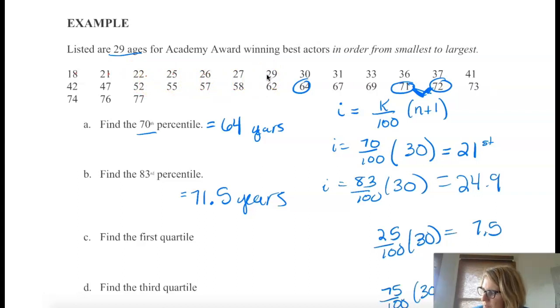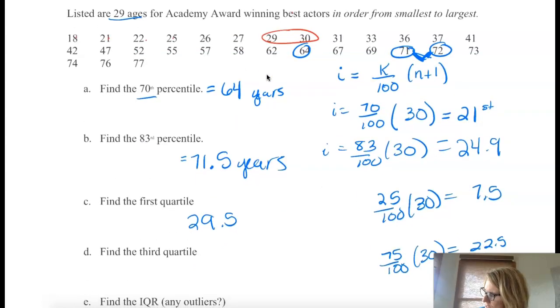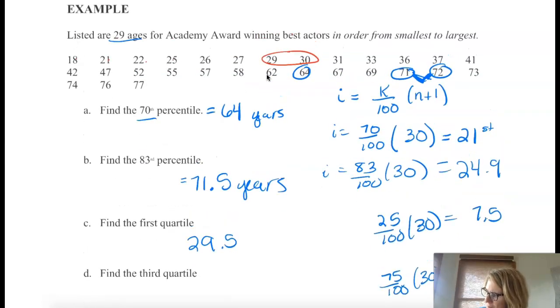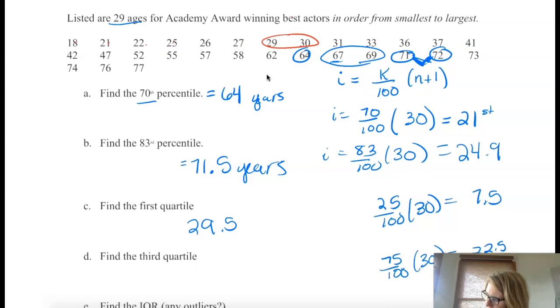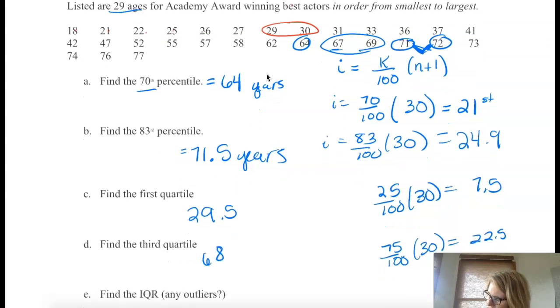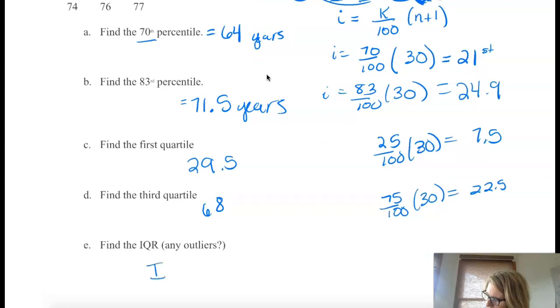So that one's in between 29 and 30, right? So the first quartile is 29.5. And then the third quartile, we got 22.5. So 22 and 23 are 67 and 69. Halfway between them is 68, right? So the interquartile range then is 68 minus 29.5.